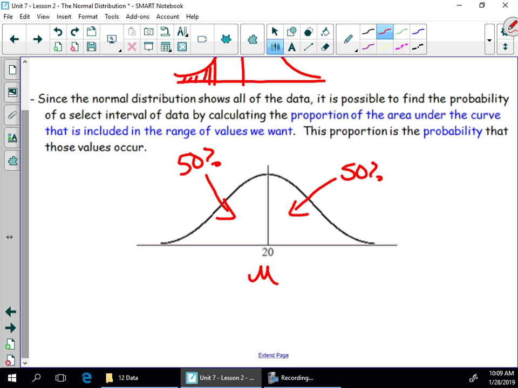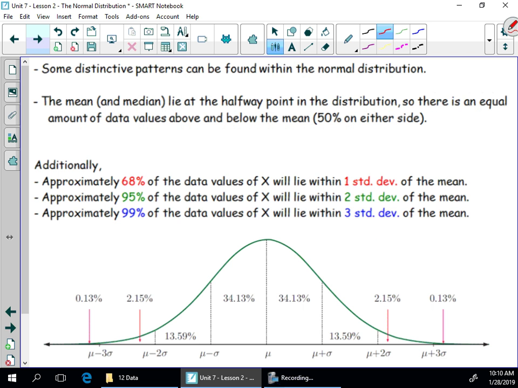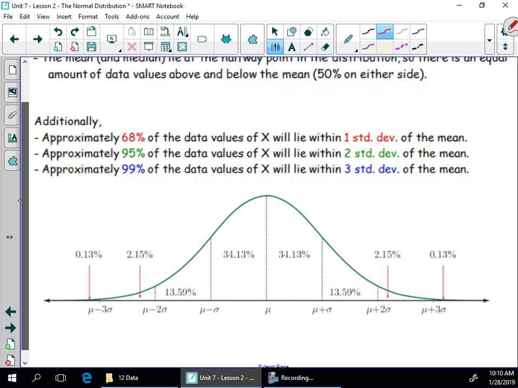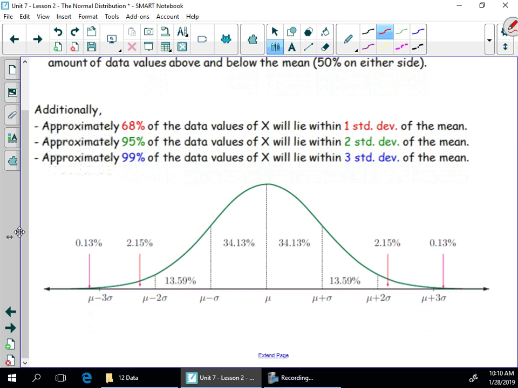But we can also find other probabilities based on some kind of cool patterns. Here are three of them. Mean, median, mode in the middle, 50% for sure, all the time. But if we actually examine our standard deviations, we can find three other kind of handy probabilities.